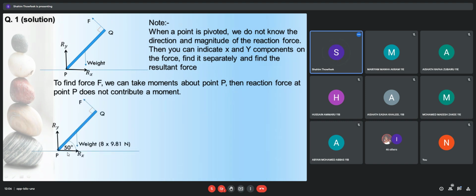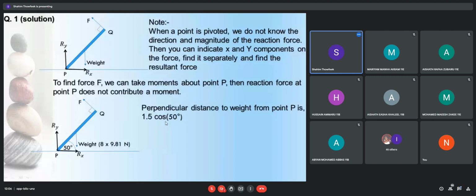Now find the perpendicular distance from point P to the weight here. This is the perpendicular distance. This length is known, 1.5 meters from P to the center of gravity. Then towards the angle, this length is 1.5 cos 50. Always just draw a simple diagram.